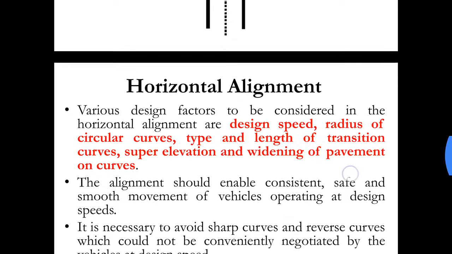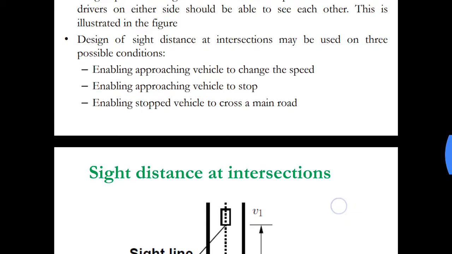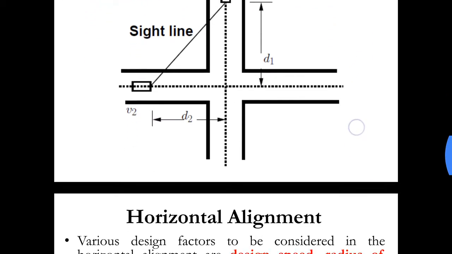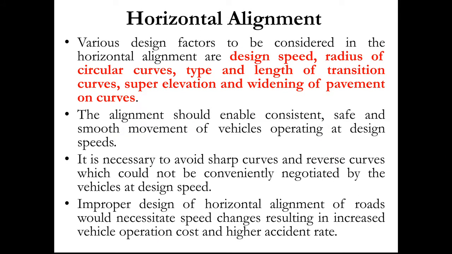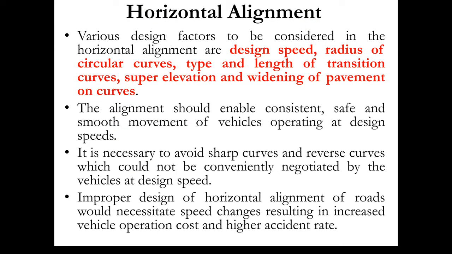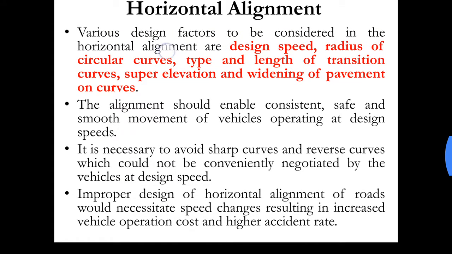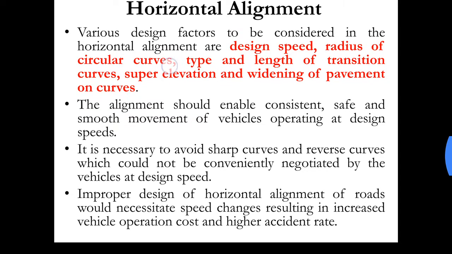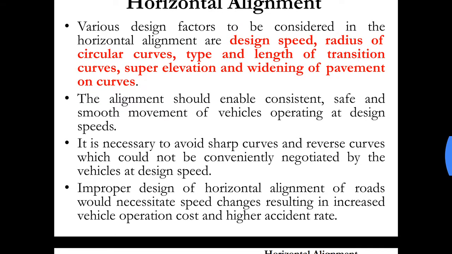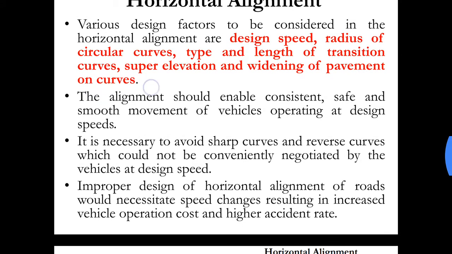In my previous lecture, we had discussed the different types of sight distances. Now we will move ahead and start horizontal alignment. Various design factors to be considered in the horizontal alignment are design speed, radius of circular curves, type and length of transition curves, super elevation, and widening of pavement on curves.